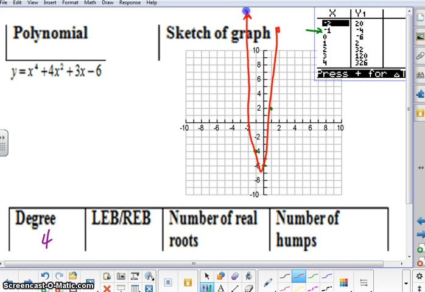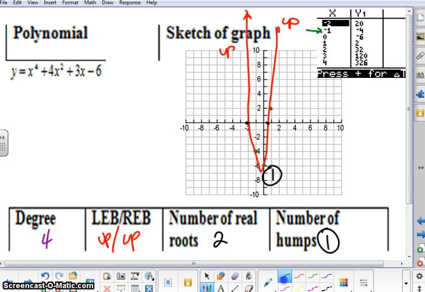So left behavior, that's going up, and this one's going up, so then we would put both up for left and right behavior. Number of real roots, how many times does it go through? There's 1, so it's going to be 2. And then the number of humps, we're only going to have 1 hump. So this is the first time it was not exactly 1 less. It doesn't have to be 3 all the time, but it has to be at least 1 less.